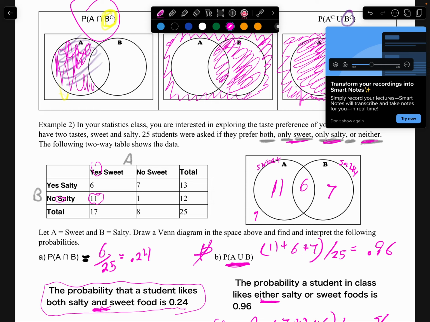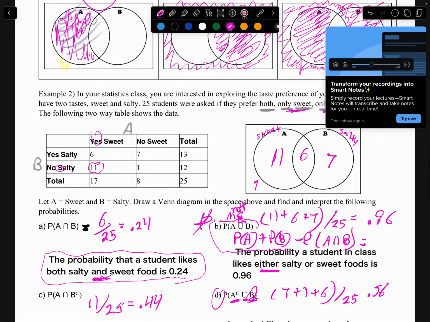So since this is not ME, to find out the union of both of those, you'd have the probability of A plus the probability of B minus the probability of A and B happening, the intersection, because you're counting the intersection twice. Okay, so that's some property that you really need to know. And that's what that is for not ME. Okay, very important.